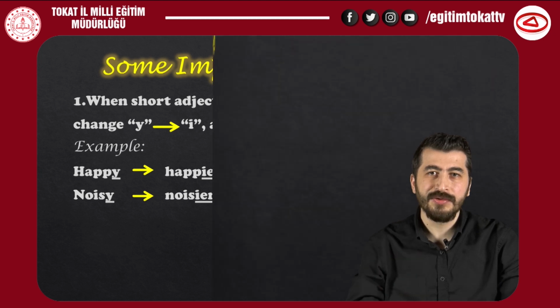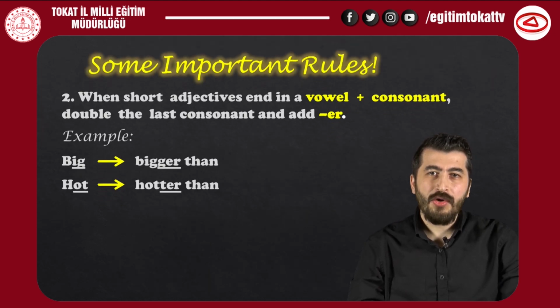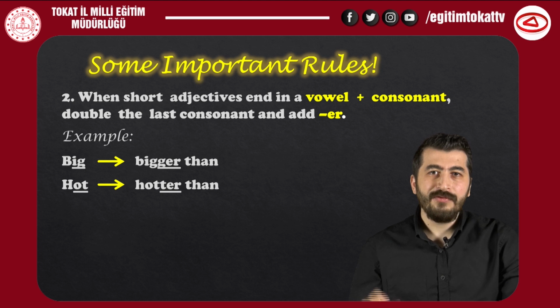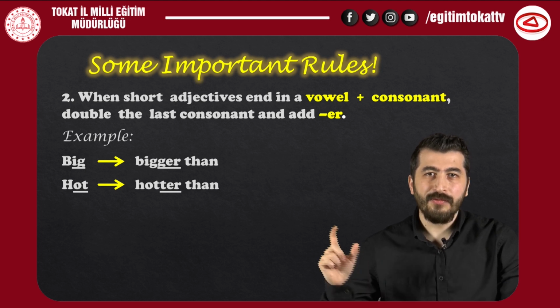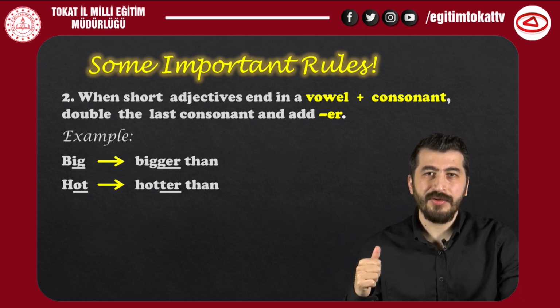And the second rule, when short adjectives like big, hot end in vowel plus consonant. Vowel: A, E, I, O, U. Consonant: B, C, D, don't forget.